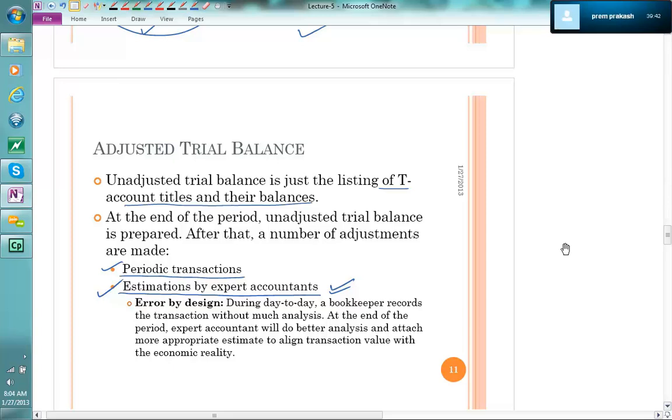On a monthly basis, or say quarterly basis, that senior engineer is not going to come and assess how much of the bridge is completed and how much money should be issued to the party who is building, isn't it?